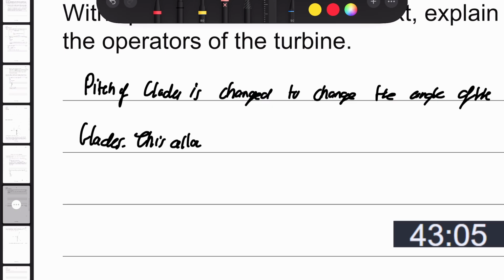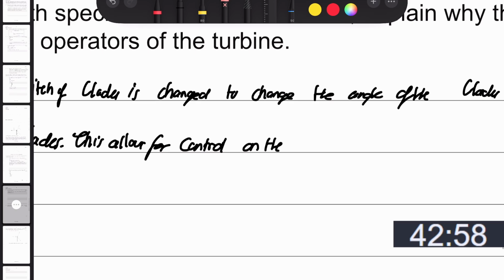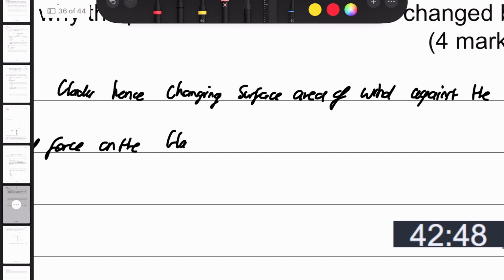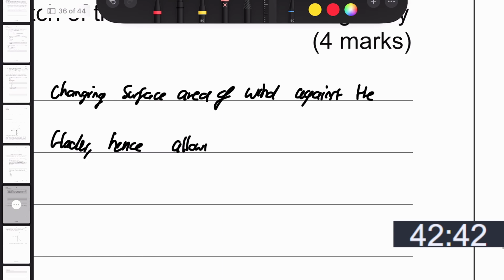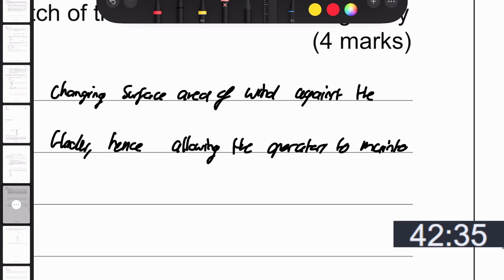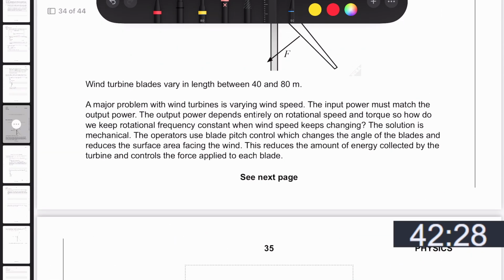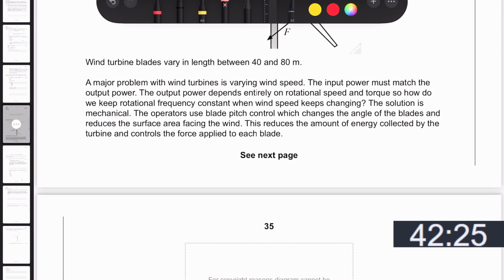This allows for control on the amount of applied force on the blades, hence allowing the operators to maintain a constant rotational speed, hence rotational speed / frequency, ensuring that the output power is constant, matching the input power.